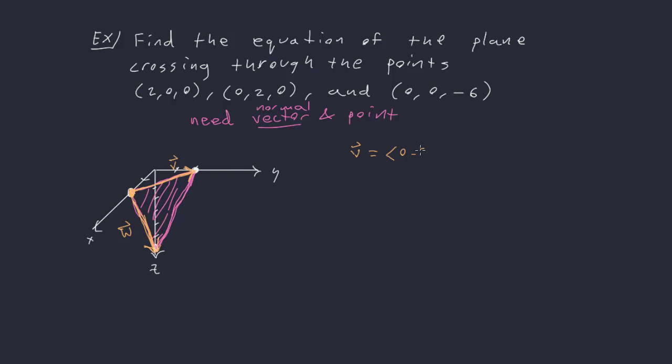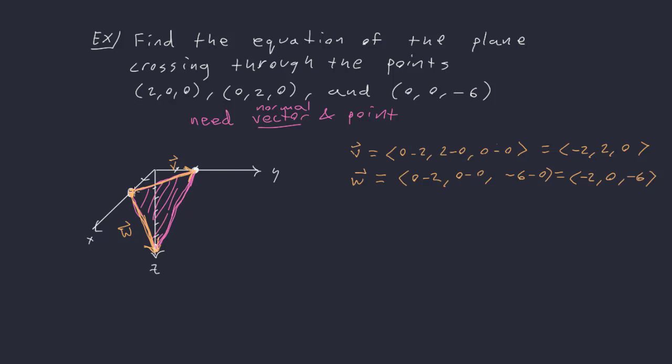So it's always the terminating point minus the starting point. Okay, so V is going to be negative 2, 2, 0. All right, W, well, that's going to be 0 minus 2, 0 minus 0, negative 6 minus 0. So W is negative 2, 0, and negative 6. All right, so we have 2 vectors on the plane.